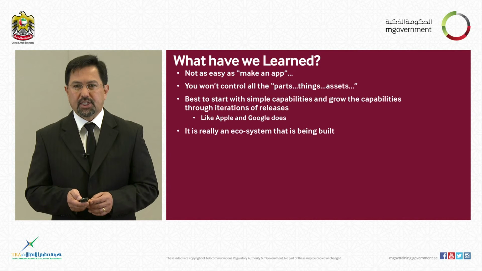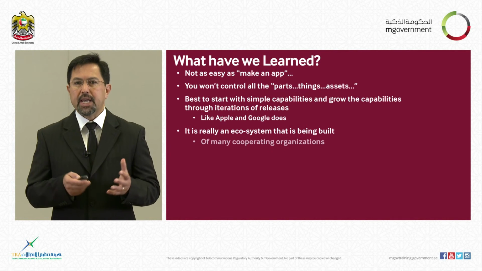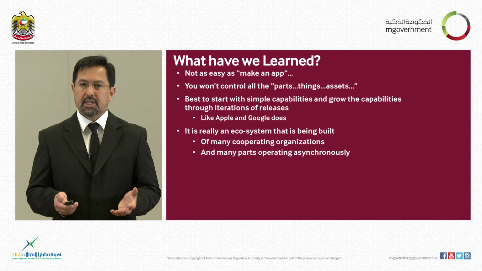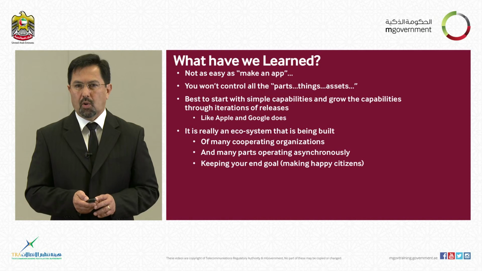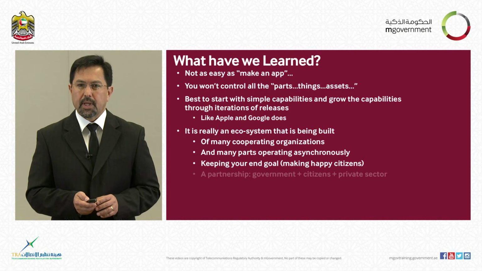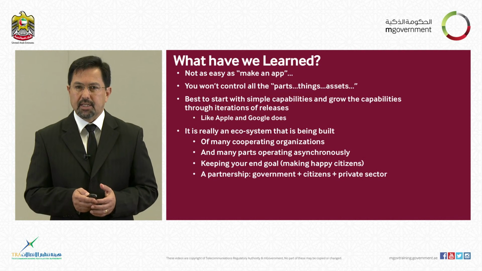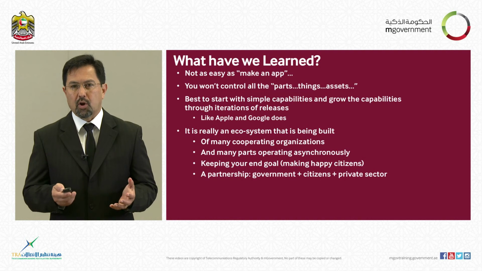It is really an ecosystem that is being built of many cooperating organizations, many parts that are operating asynchronously, and keeping your end goal, making happy citizens, is critically important. It is a partnership at the end of the day, government plus citizens plus the private sector, in order to make all this work.